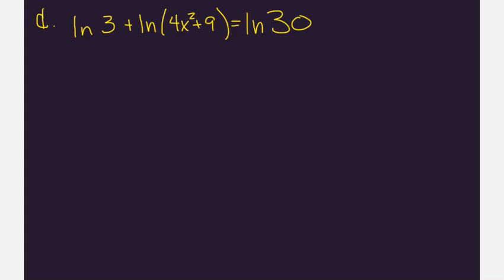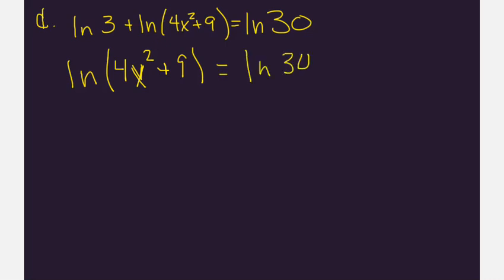Let's work this out. Right, so I'm going to condense. Which way would you like to condense? I'm going to subtract the 3 on one side. Since I have an x on one and numbers on the other side, I'm going to do this. The natural log of 4x squared plus 9 equals the natural log of 30 minus the natural log of 3.